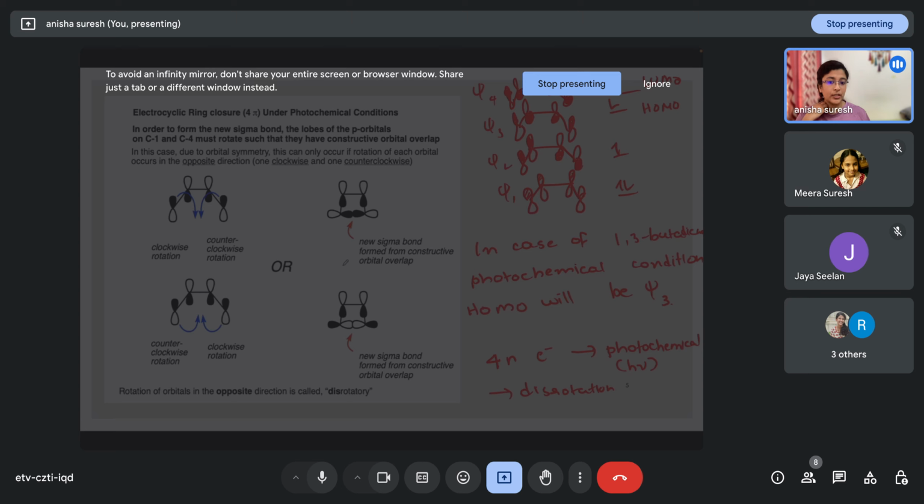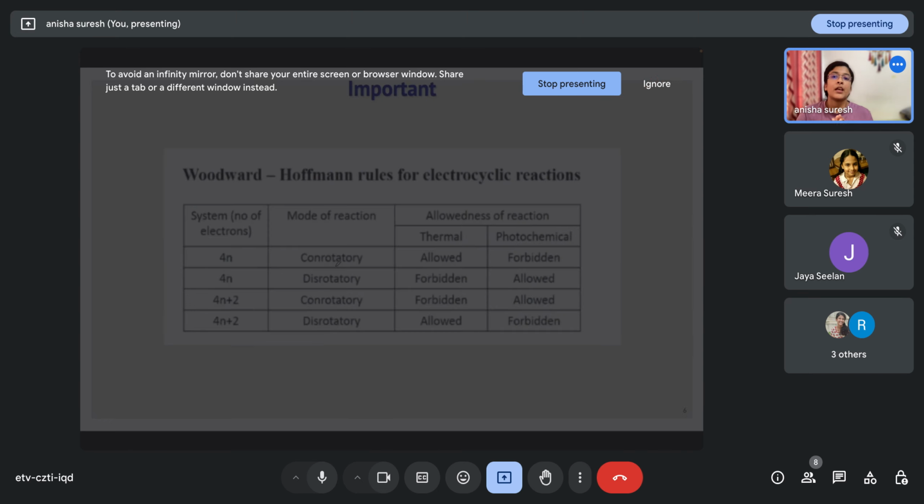So I hope this concept of conrotation and disrotation is clear to everyone. Most of the questions on this electrocyclic part will be based on this concept of conrotation and disrotation. So based on this concept only, Woodward-Hoffmann rules were derived.